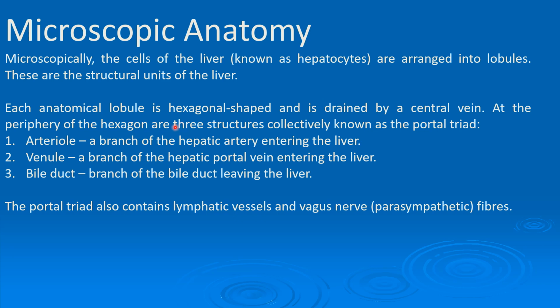At the periphery of the hexagon, there are three structures collectively known as the portal triad. The three structures are an arteriole, a branch of the hepatic artery; a venule, a branch of the hepatic portal vein; and a bile duct, a branch of the bile duct leaving the liver. Additionally, we can see lymphatic vessels and vagus nerve fibers in the portal triad.